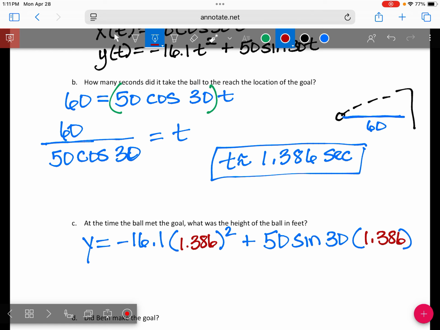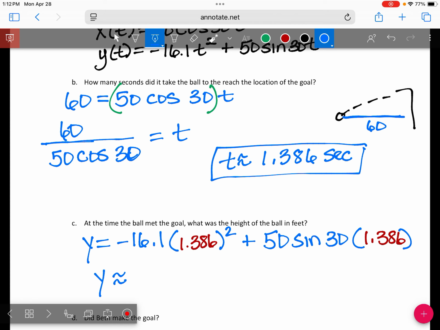All right, go ahead and type that in. So I got that the height was, what did you all get for the height?